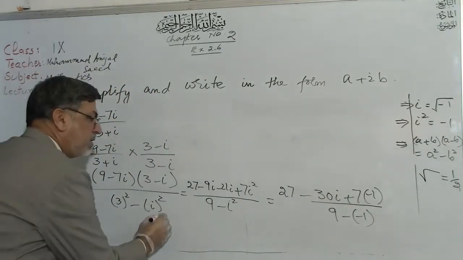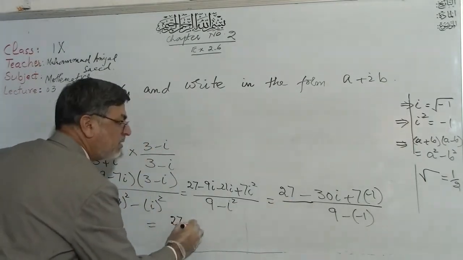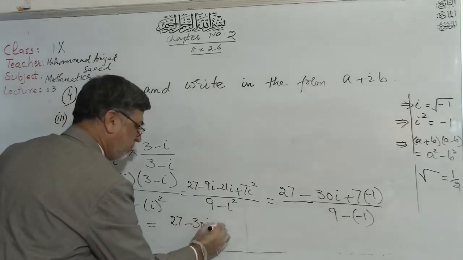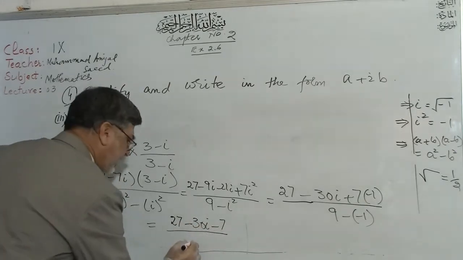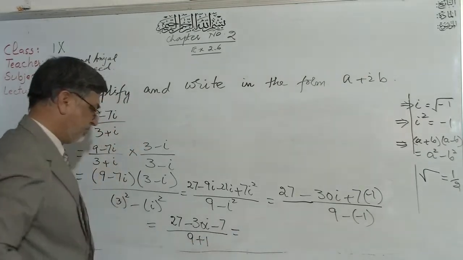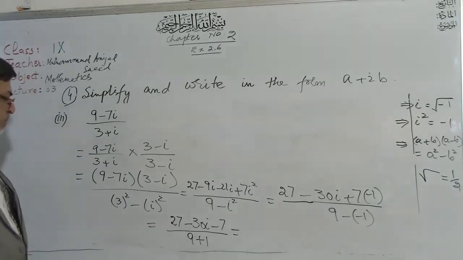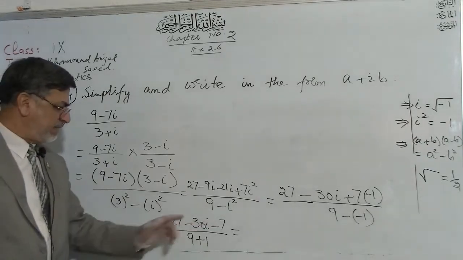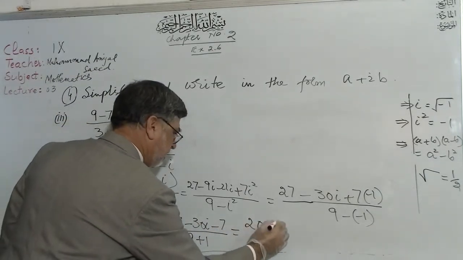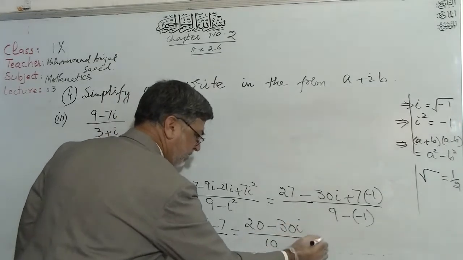Here 27 minus 30 iota minus 7 divided by 9 plus 1. Now this is 27 minus 7, it is equal to 20 minus 30 iota divided by 10.